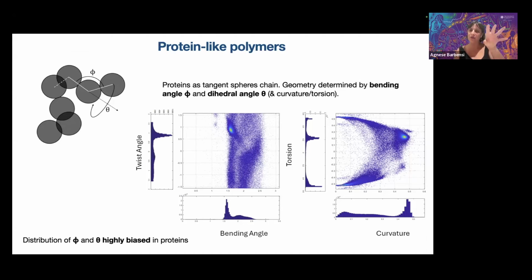A schematic of what they are and how they can be defined is shown here on the top left of the slide. The point is that the local geometry of proteins is quite constrained, and the distribution of possible bending and dihedral angles in protein structures is highly biased, highly skewed, and this in turn results in having highly skewed curvature and torsion distributions, as shown here by the figure. So they're really not random.